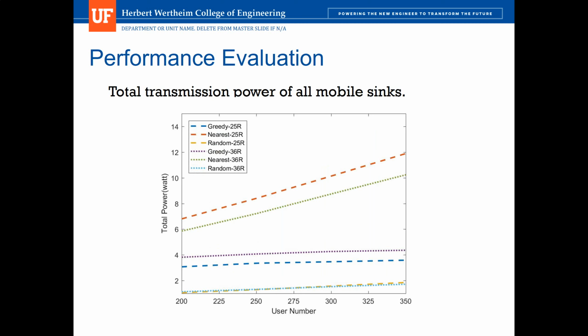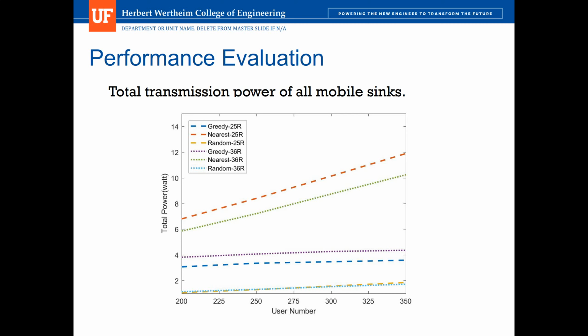And the third one, we compare the total power along with the user's number and also the mobile thing density.